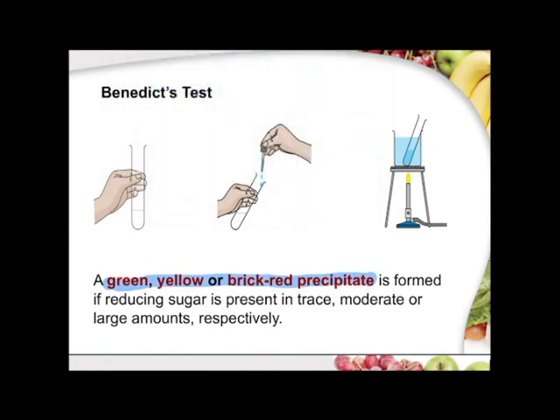So what will happen is you will get either these few colors: green, yellow, or brick red precipitate. Now all these will indicate different amounts of sugar concentration, and don't use the word amount. Amount is too generic. I will usually tell my students to use words like concentration, or words like volume, amount of sucrose, amount of sugar.